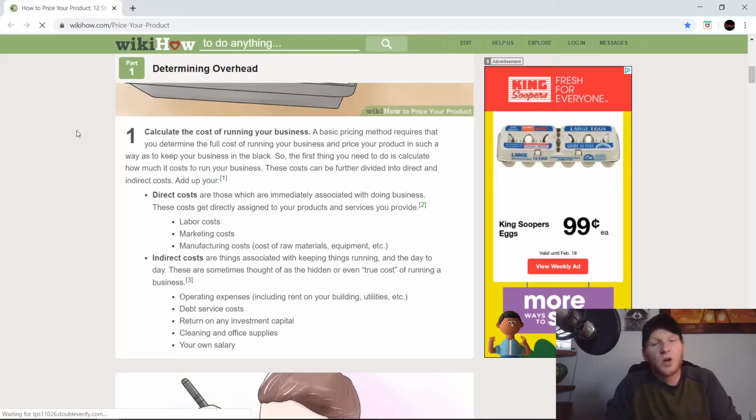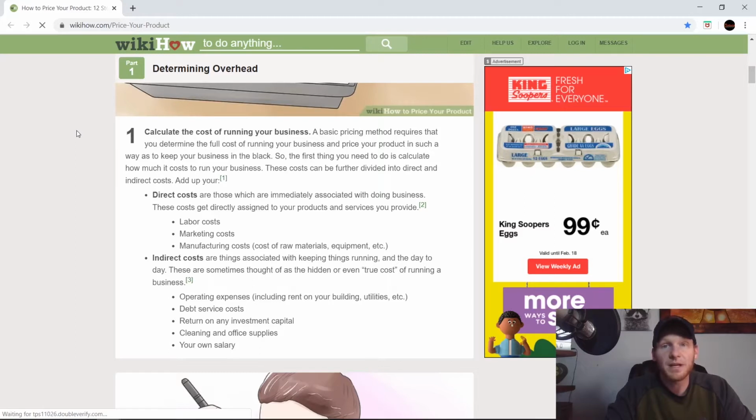So for direct costs, those are costs which are immediately associated with doing business. These costs get directly assigned to your products and services you provide. We're talking about labor costs here, what you have to pay your employees every day to keep the business running. Your marketing cost, any type of marketing, advertising, anything like that, there's a cost to it.